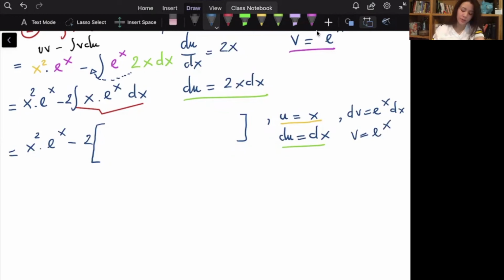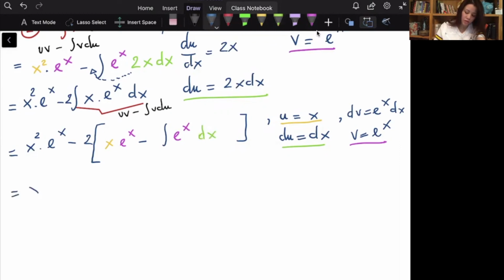The formula is u times v minus integral of v du. So u here is x, so x times v is x e to the x, minus the integral of v, which is e to the x, times du, which is dx.